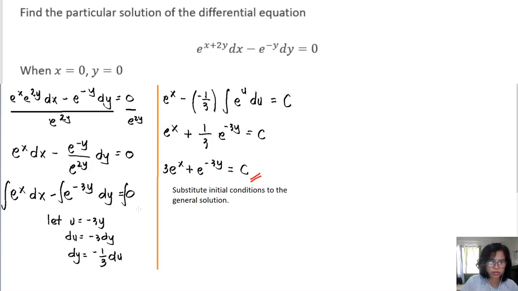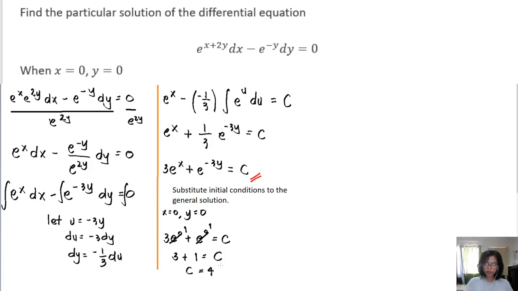That would become 3e to the 0 plus e to the negative 3 times 0 equals c. And what is e to the 0? Recall any number raised to 0 is equal to 1. This is 1. So 3 plus 1 equals 3 in 1. Joke. c equals 4.